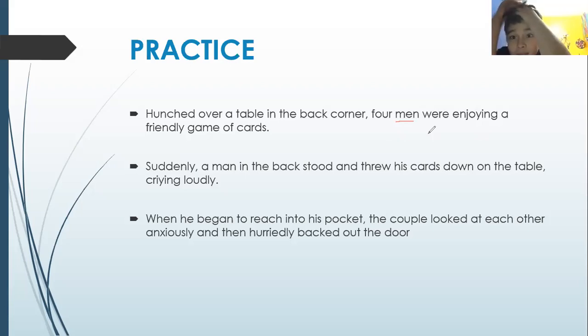Over is a preposition. Enjoying. We're enjoying. Good, Derek. Very good. It's a compound subject. Sorry, it's a compound verb. Good. We're enjoying. So this is the complement. Never mind. Forget it. Good. Diego and Derek. Very good.